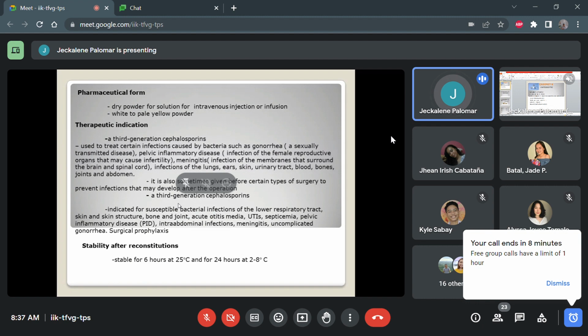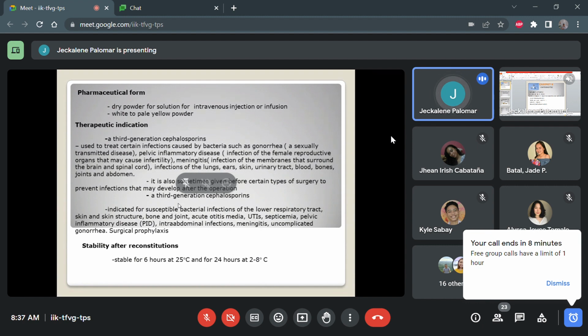It is also sometimes given before certain types of surgery. What do we call it if the antibiotic is given before the surgery? It is prophylaxis, so prophylaxis antibiotics, given once.